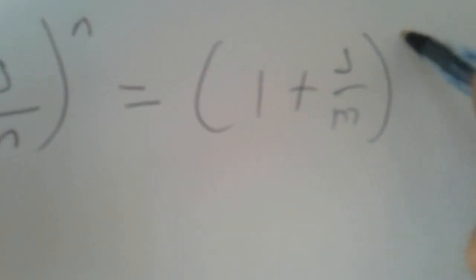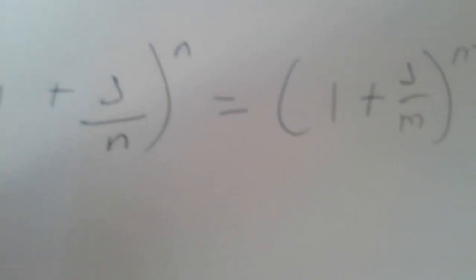The formula is 1 plus j over n to the power of n equals 1 plus j over m to the power of m. On the left side, you write what you are looking for, and on the right side, you write what you are given.